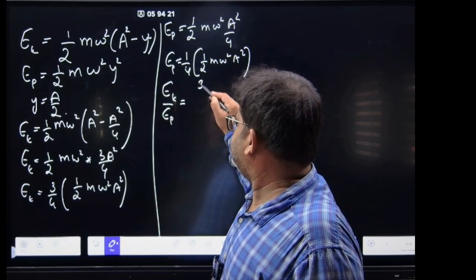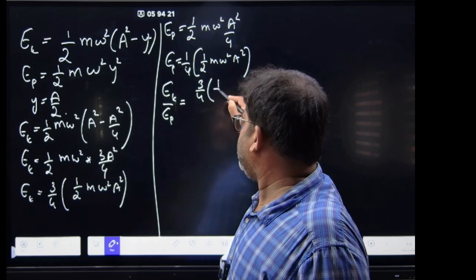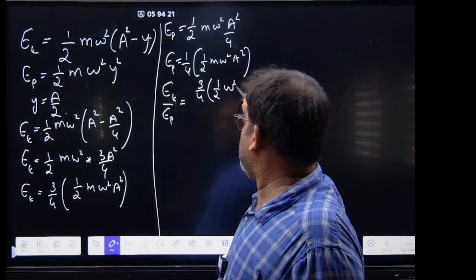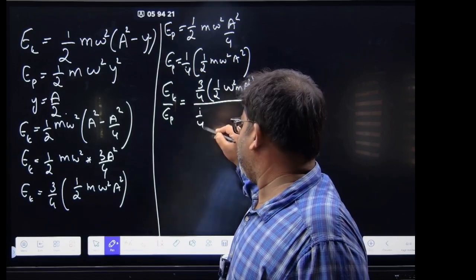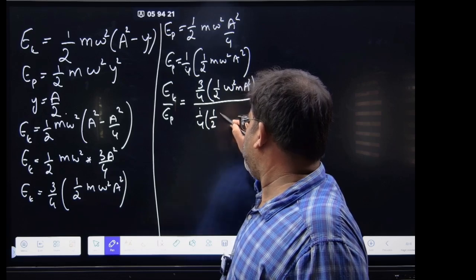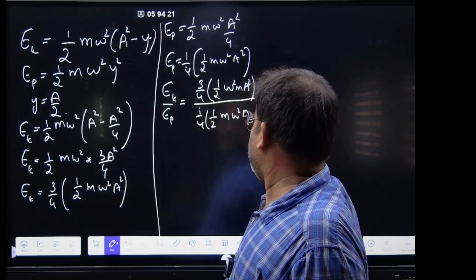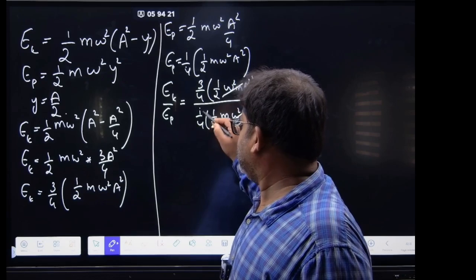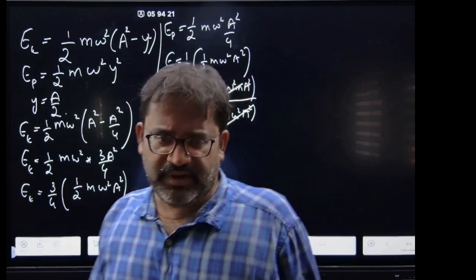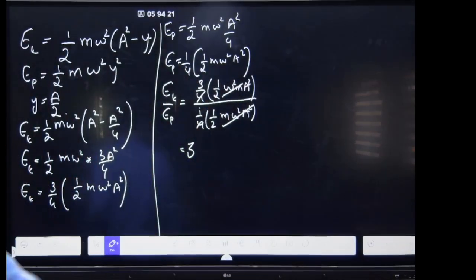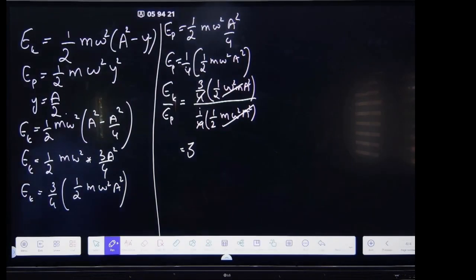So that is equal to 3 by 4 times half m omega square A square, divided by 1 by 4 into half m omega square A square. So this cancels, 4 cancels, and that is equal to 3:1. So 3:1 means the right option is option 3, verified.